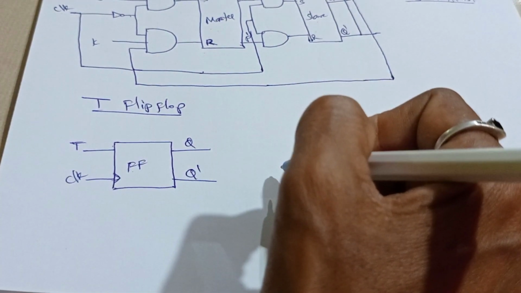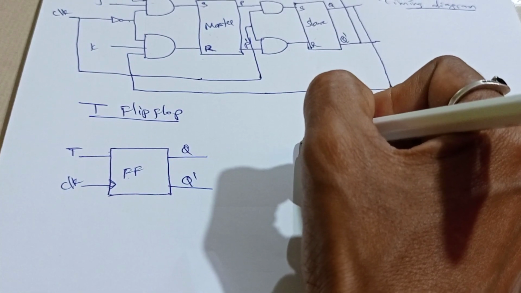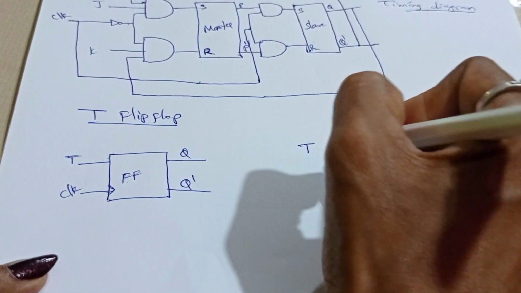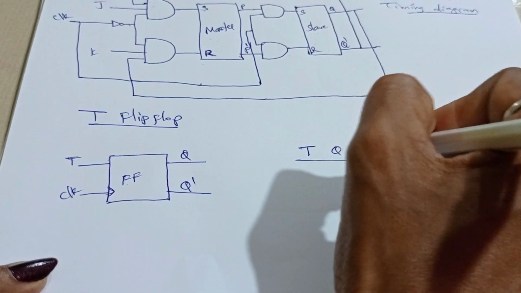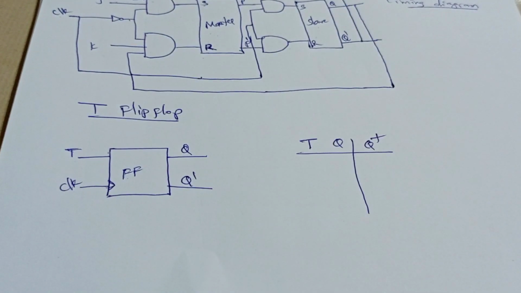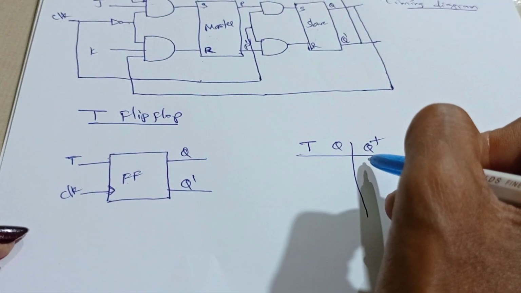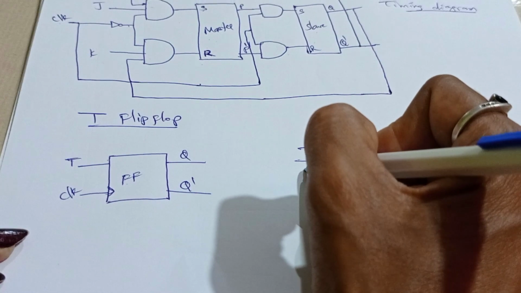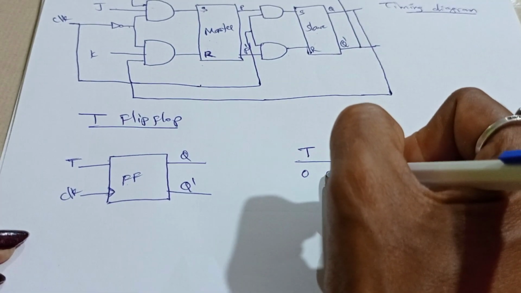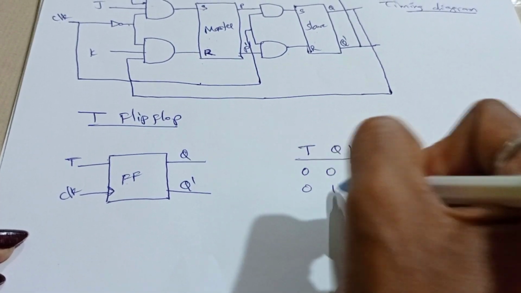Now we'll see the truth table. Q, T, Q plus, that is the next state. When T is equal to 1, it changes the state, and when T is equal to 0, no state change occurs. For T equal to 0, Q is 0, 0, 1, 1.